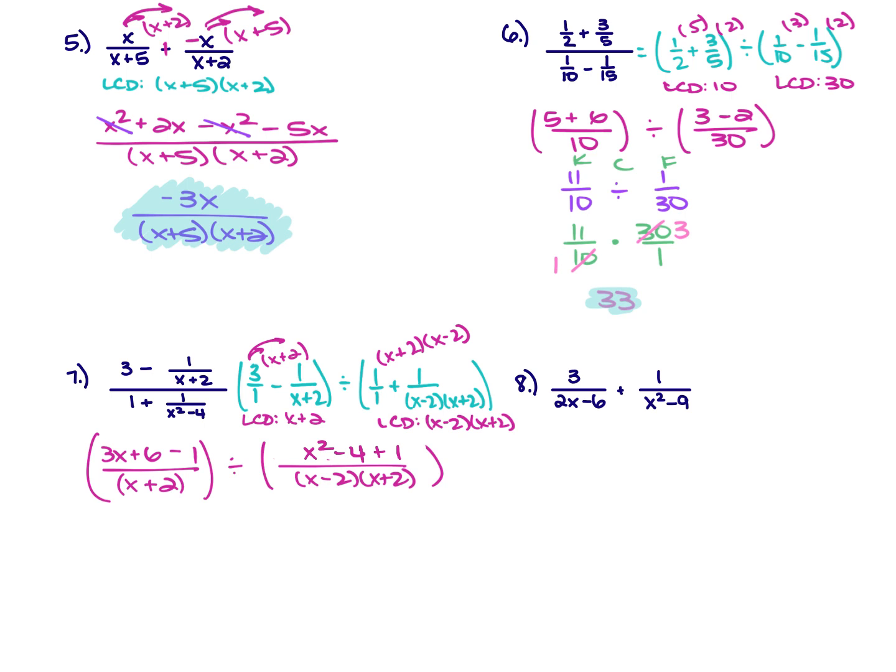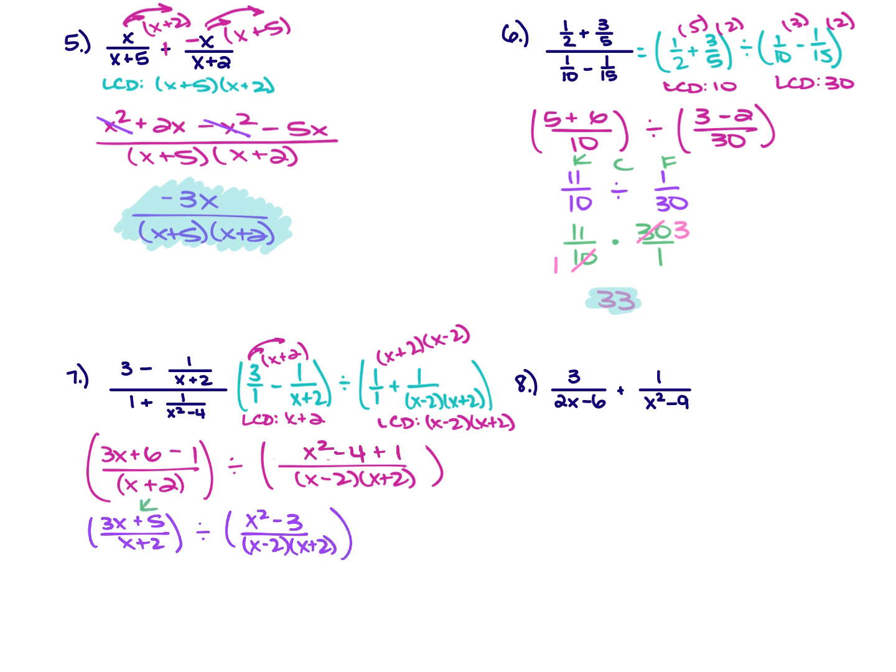So when we simplify this, it's going to give us 3x plus 5 over x plus 2 divided by x squared minus 3 over x minus 2 times x plus 2.